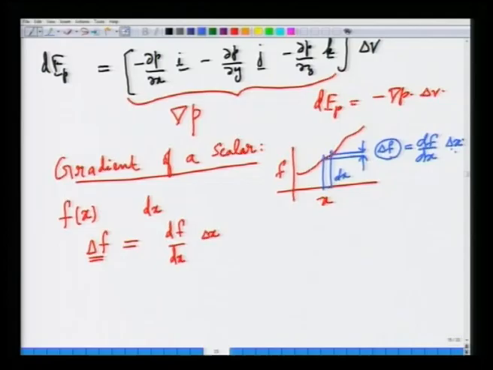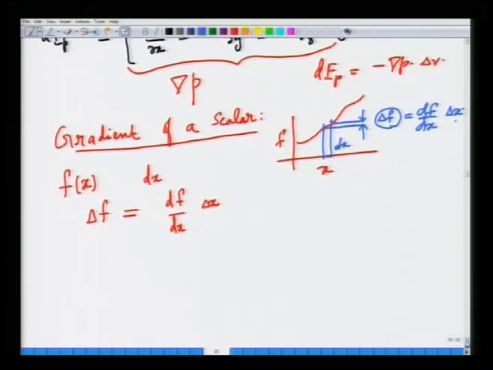So, this is true for normal functions, but suppose you have a function that is not a function of a single variable, but of 3 variables, where the 3 variables are the 3 coordinate directions in the Cartesian coordinate system. Then how do you think of delta f?